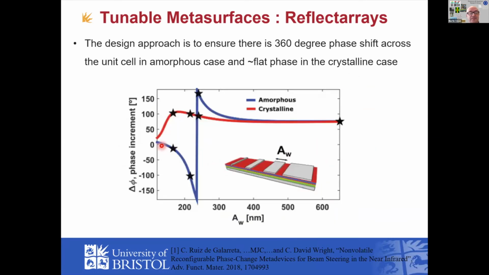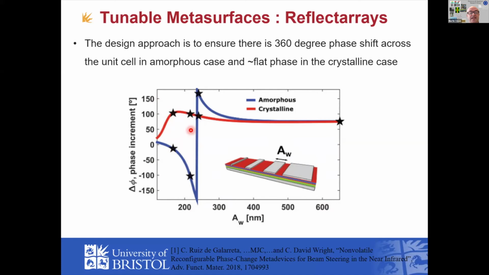Here's another little bit of information on that design phase. Here we're plotting the reflection phase of a given meta atom versus the width of the aluminium strip within the meta atom, in the two states. You can see when the width is about 150 nanometers, we can switch the phase from 100 down to 0.